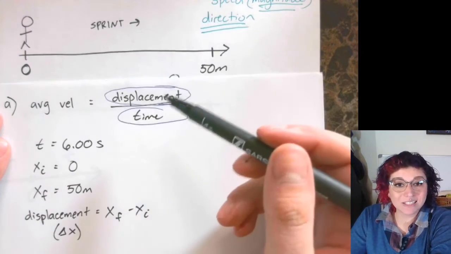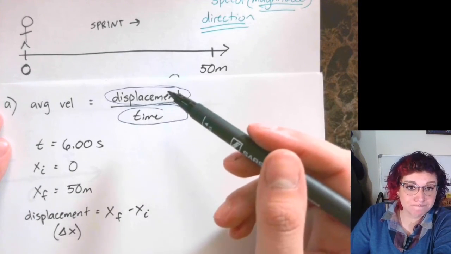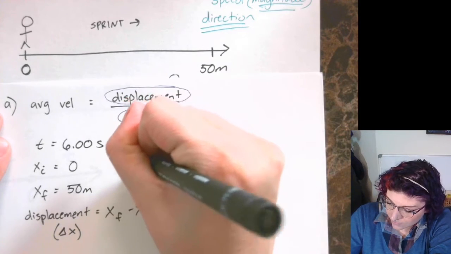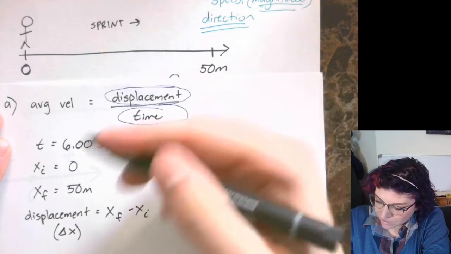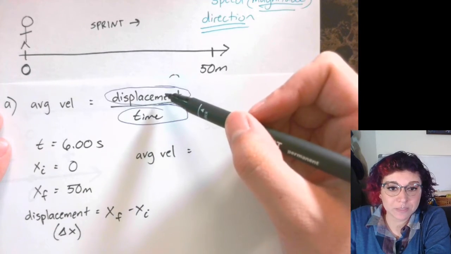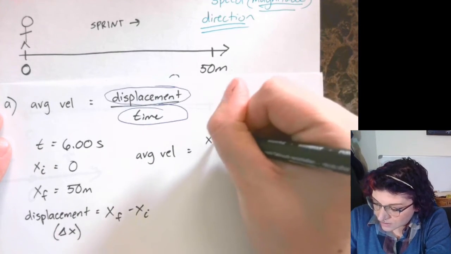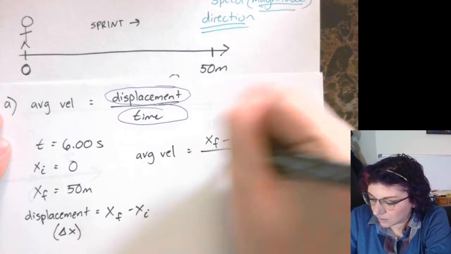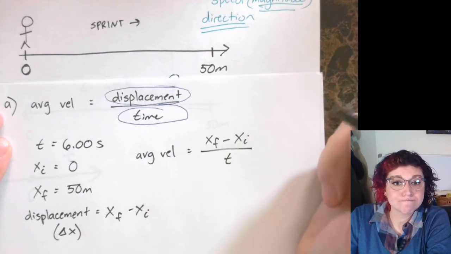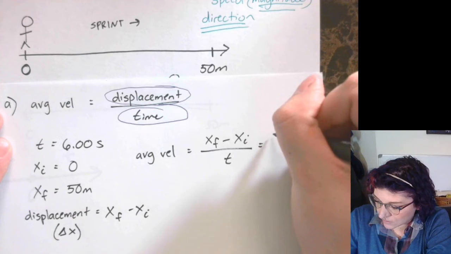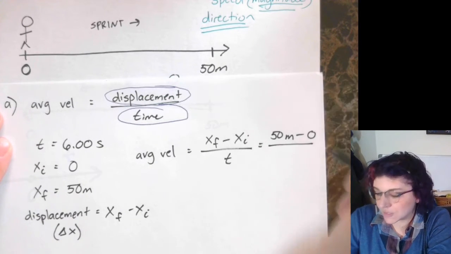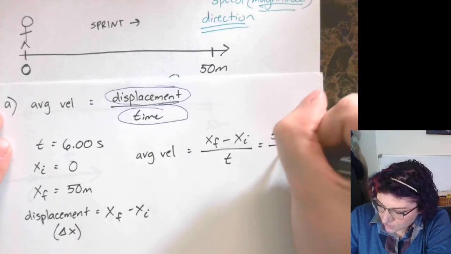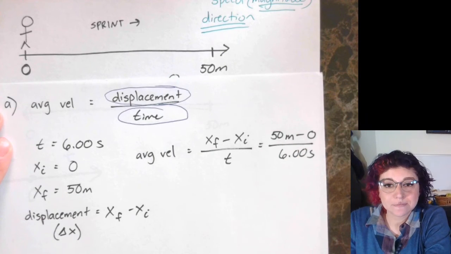So I'm going to plug this information into this equation. So I have average velocity equals delta x for displacement, so that's xf minus xi over time. So that's 50 meters minus 0 over 6.00 seconds.